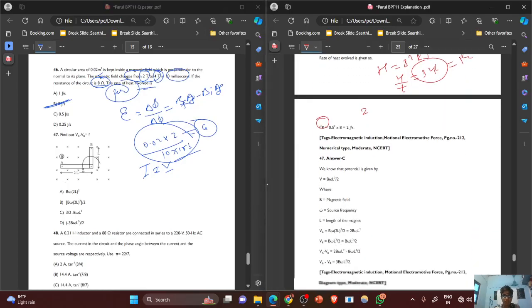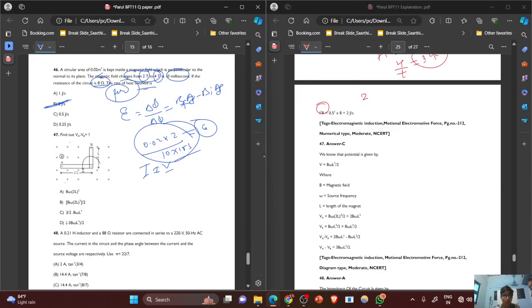Now moving ahead, it is asking about the change in the potential difference here. Length is given, omega is given, so velocity is given. Just calculate the potential for both VA and VB. You know the potential is given by B omega L square by 2.